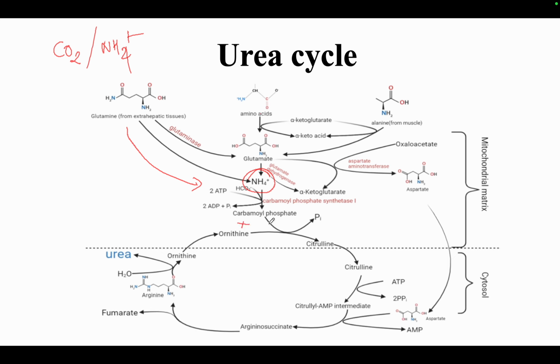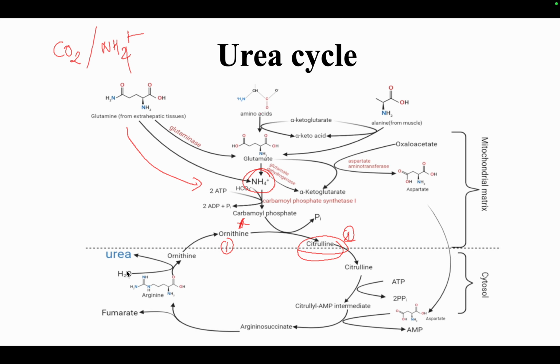So the first step of this urea cycle is ornithine plus carbamoyl phosphate, okay, which gives us citrulline. Then this citrulline gets converted to a citrullyl AMP intermediate and argininosuccinate, fumarate, and then from there again we have ornithine synthesis.